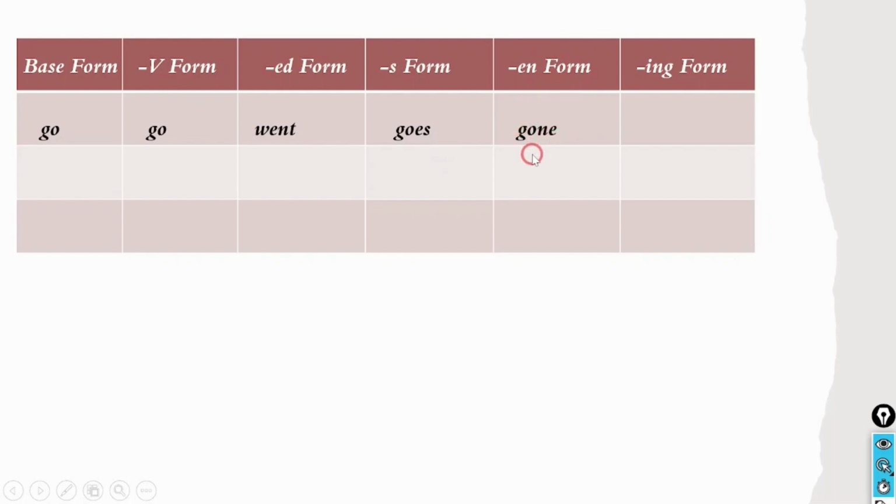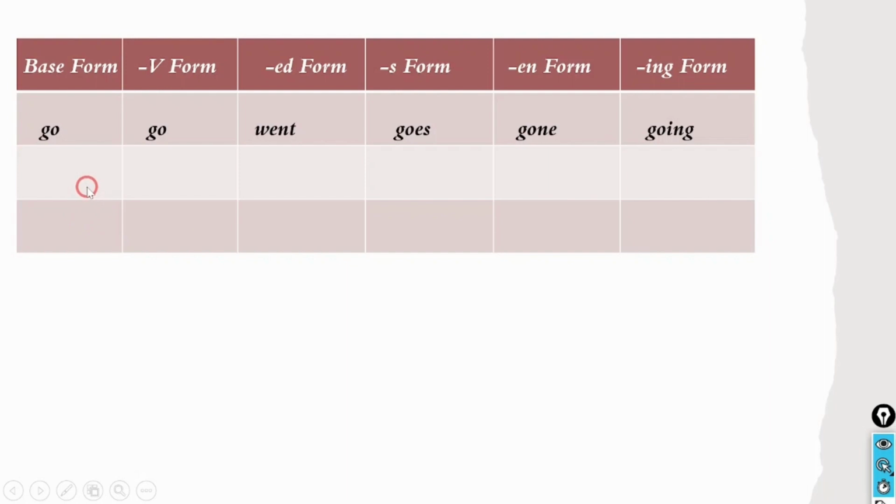So it is now like the past participle. He had gone to the beach last summer. So it's something that happened in the past. Then if we add ing, it becomes going. He is going to school.